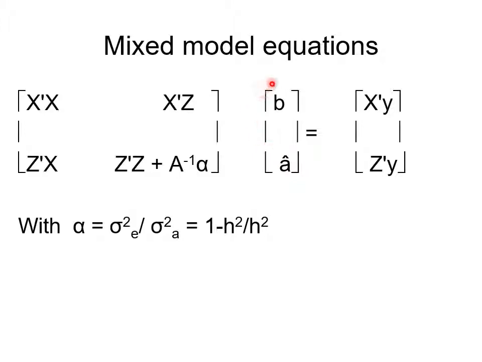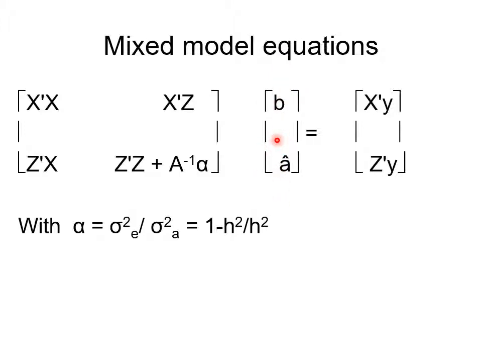Then we have a column vector. The top part of the column vector would be our different levels of our fixed effects. Let's say we have 3 herds with 2 sexes. That would mean sex 1, sex 2, herd 1, herd 2, herd 3. So then we will have 5 rows. It's obviously a column vector, so we only have one column.